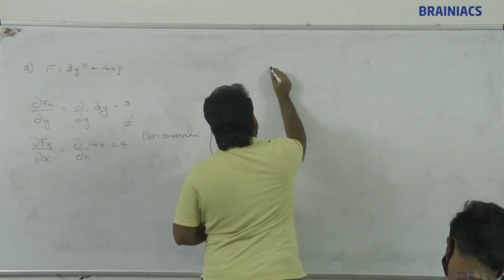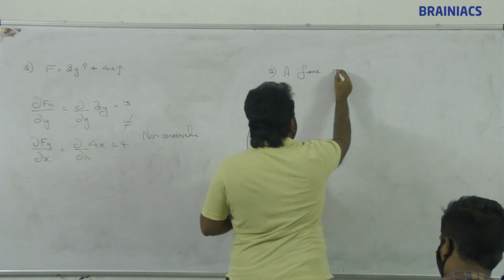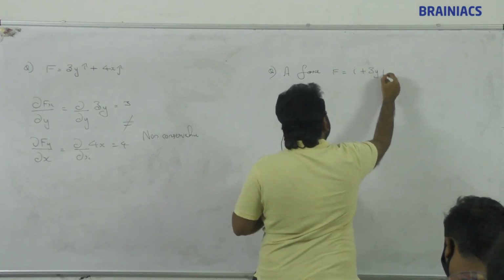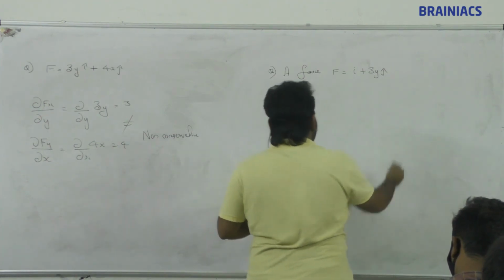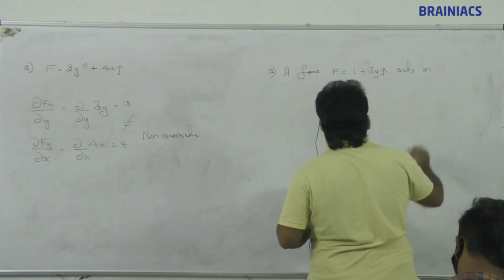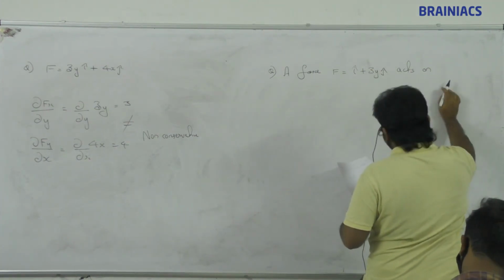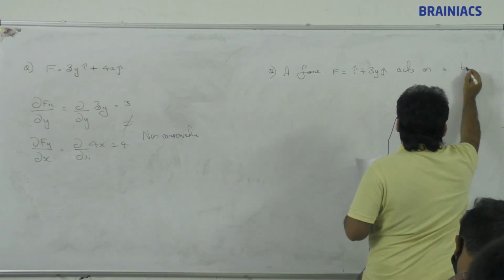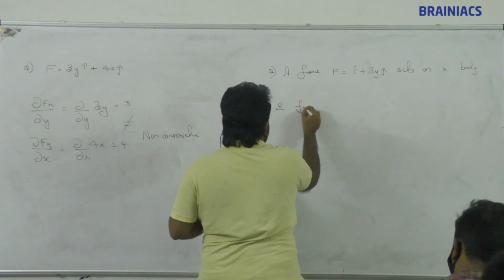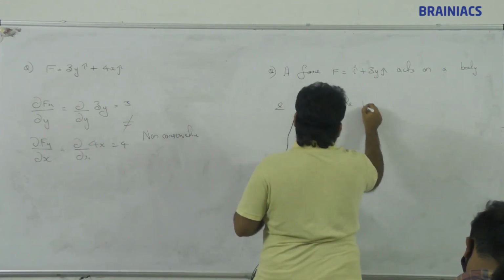A force F is equal to 3y j acts on a body and follows the path as shown.